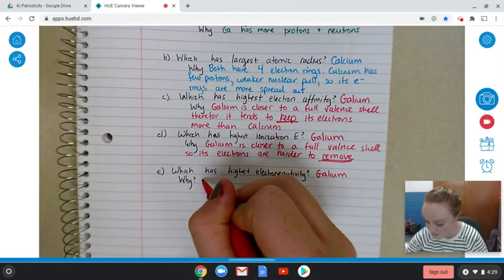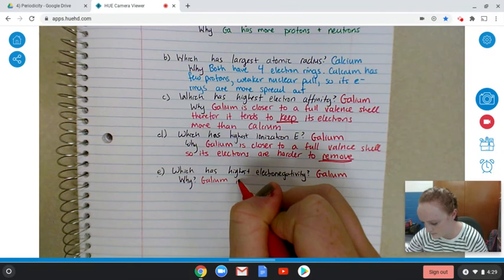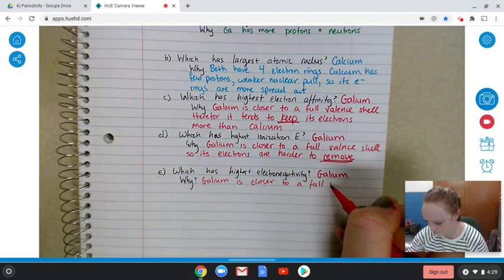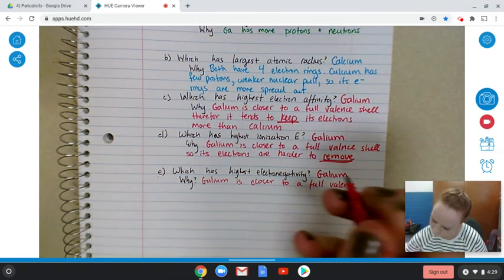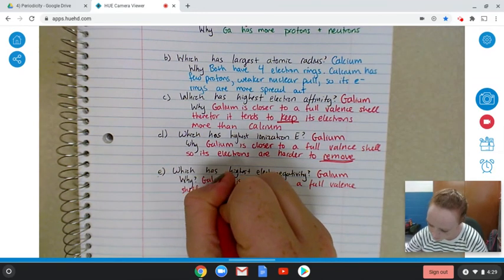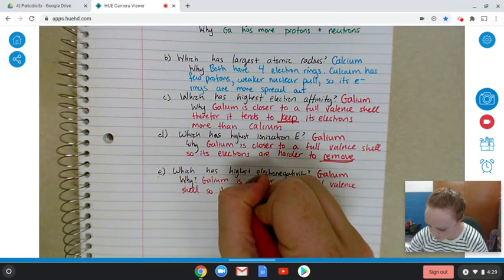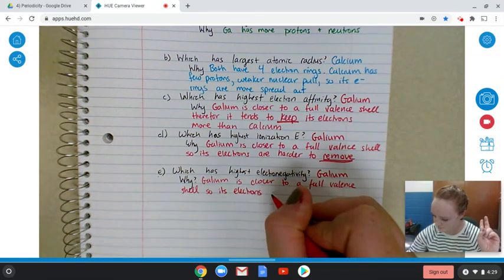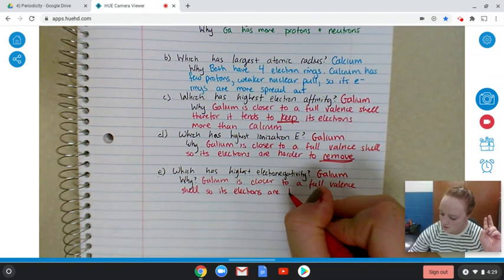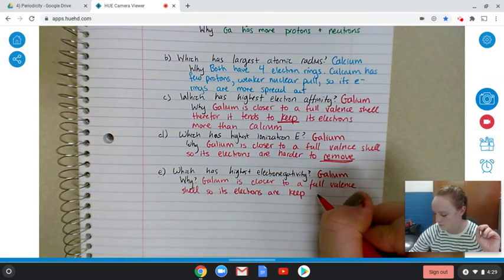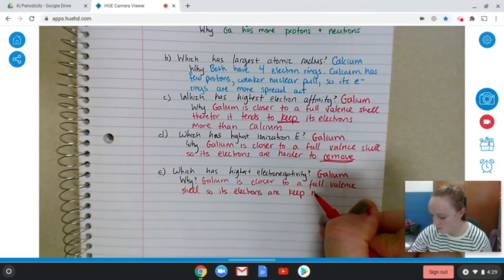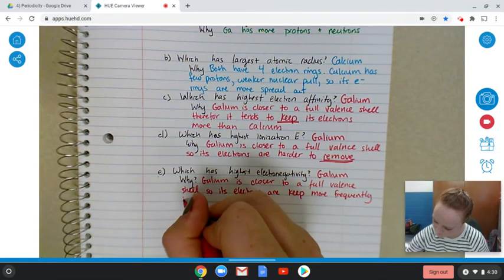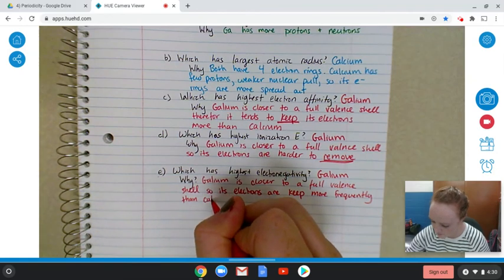Gallium is still closer to a full valence shell, so its electrons, and now we're using our buzzwords, keep and steal, are kept more frequently than calcium's.